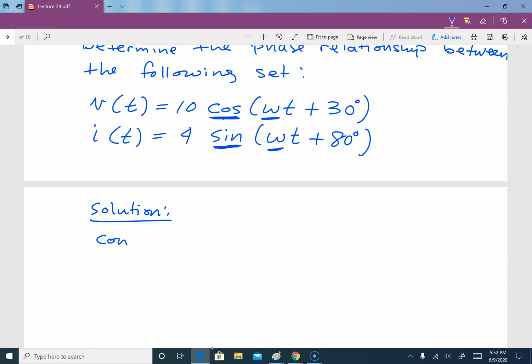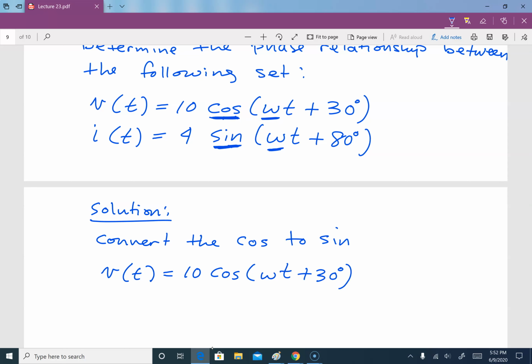So if we convert the cosine to sine, what will we get? V of t is equal to 10 cosine omega t plus 30 degrees.